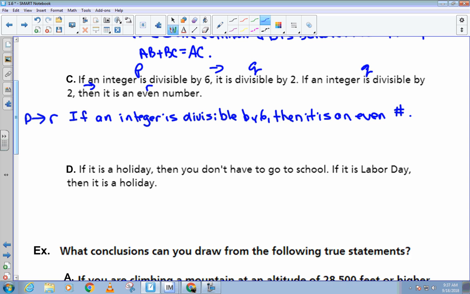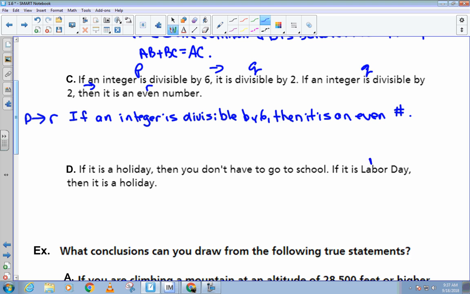Now this one, the way it's written is really strange. It kind of threw me when I first looked at it. If it is a holiday, then you don't have to go to school. If it is Labor Day, then it is a holiday. If you look at the sentences in the order that they're written, it doesn't really have a logical conclusion. The two statements can't be put together if they're written in the opposite order. This one doesn't marry up with Labor Day, right?